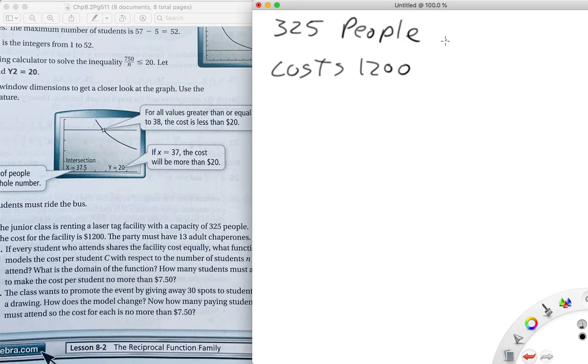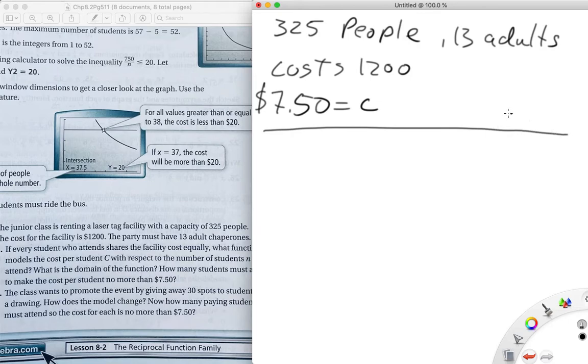You must have 13 adults as chaperones, so they're not going to pay. And they wanted to make sure that everybody pays $750. That's the minimum cost, so that's my cost. Everybody pays $750. How many students would I need at $750 to pay for this particular event?